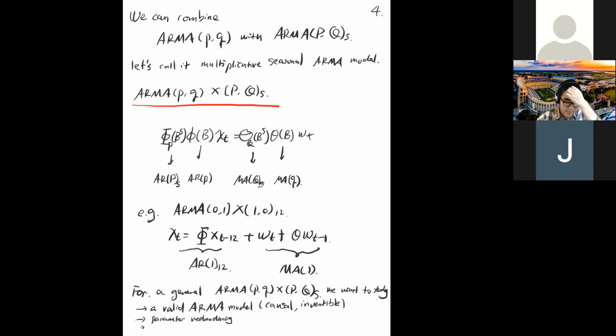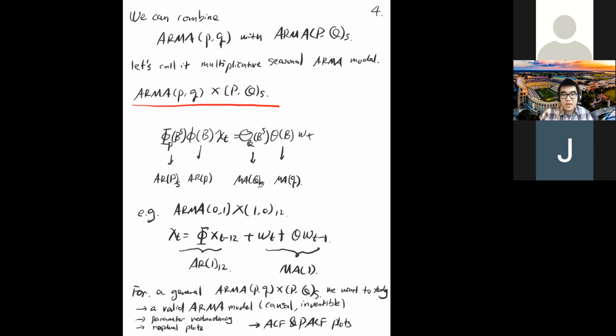We also want to check its residual plot. And more importantly, perhaps the most important thing, is that we want to check its ACF and its PACF plots.